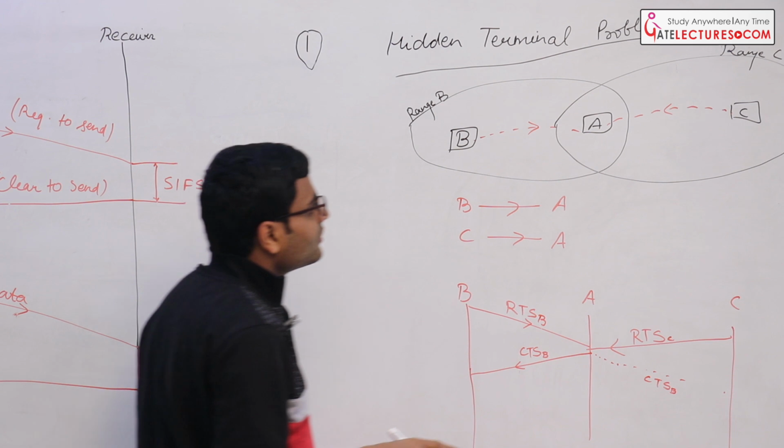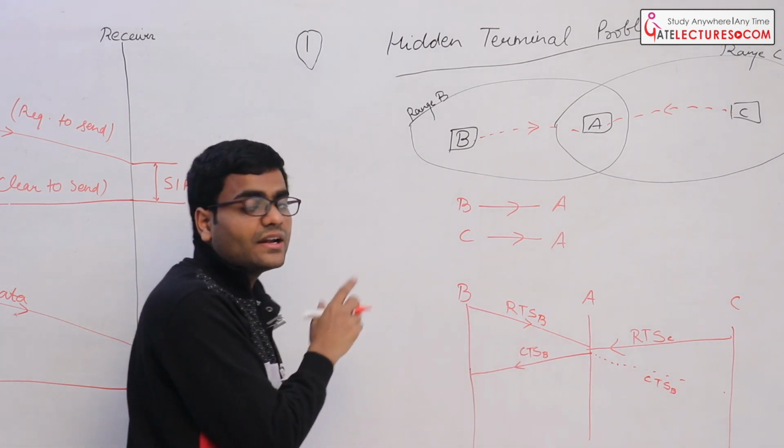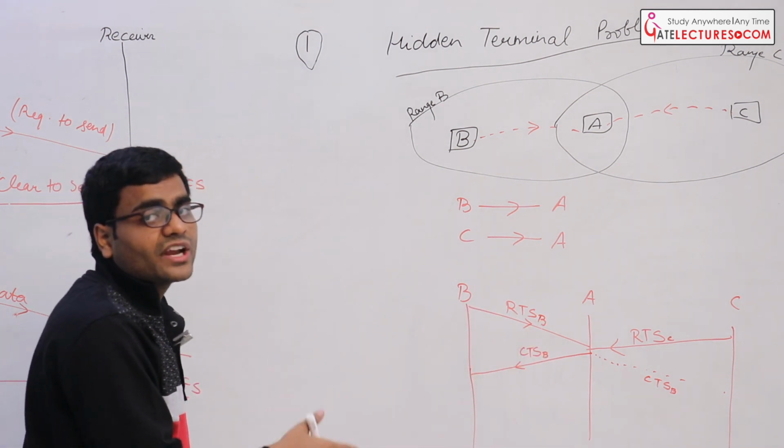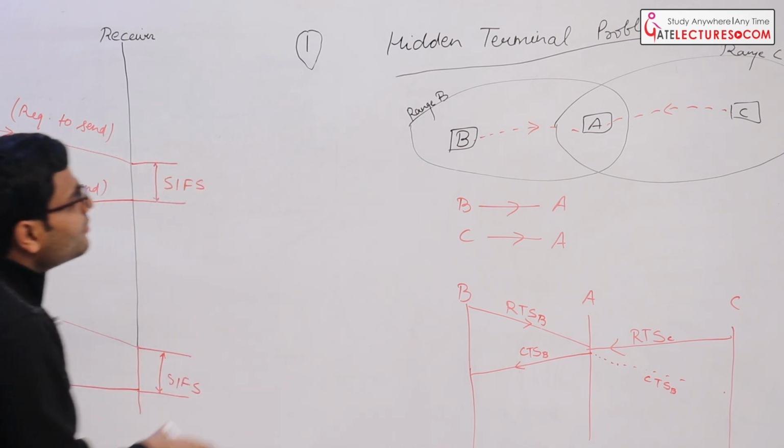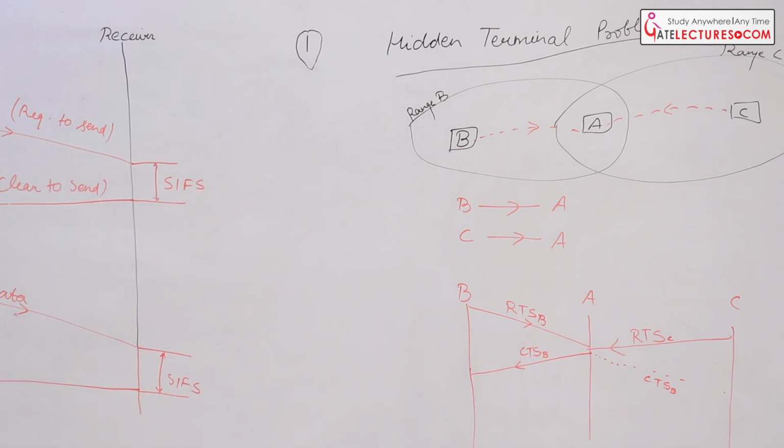So C knows that there may be some hidden node which wants to communicate with A, so it will stop sending data. So this hidden terminal problem can be solved by RTS and CTS signals.